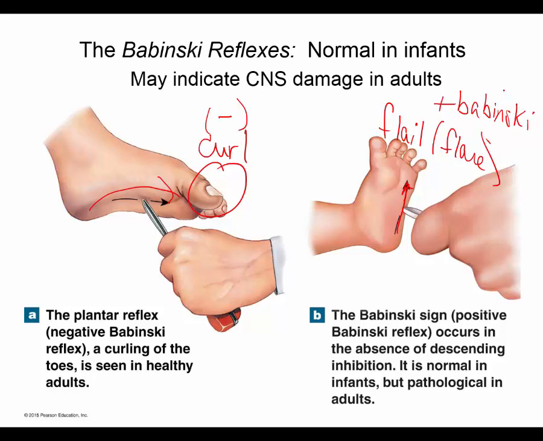It just means that they don't have properly developed descending inhibition. That's all it means, and it's not a bad thing in a child. But if you do this to an adult and their toes flail, that's pathological. If they have a positive Babinski, that means there's some spinal cord damage. So doctors will do this Babinski reflex to check for spinal cord damage.